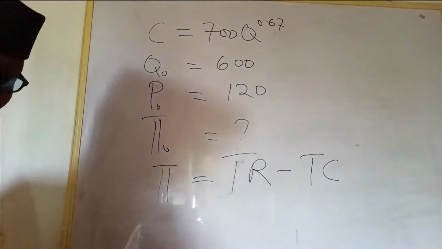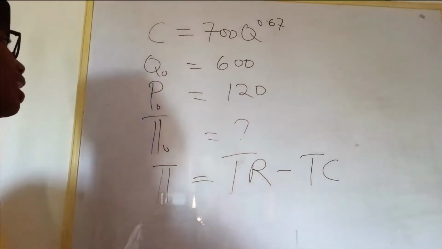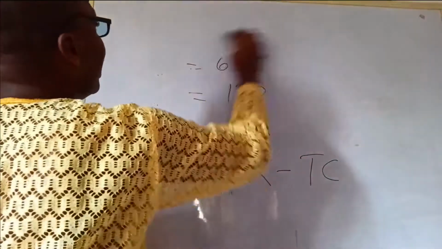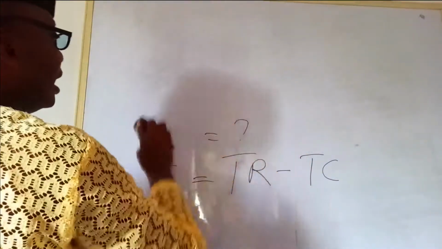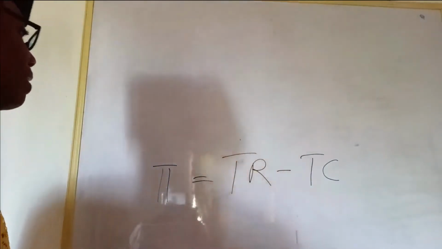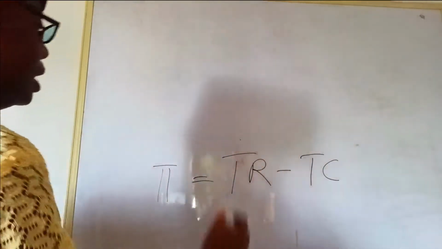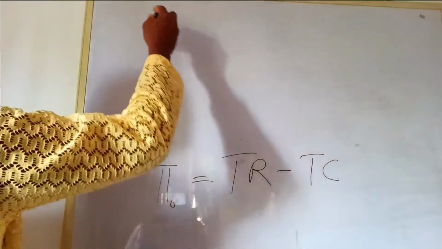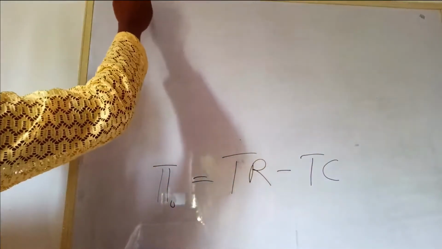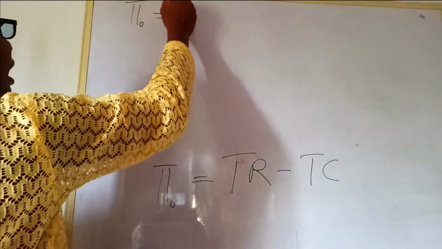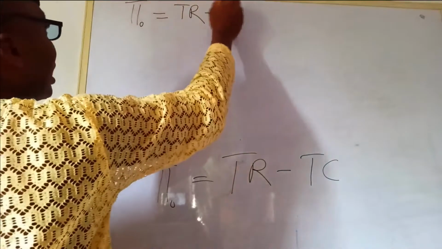Okay, initial profit is total revenue minus total cost.